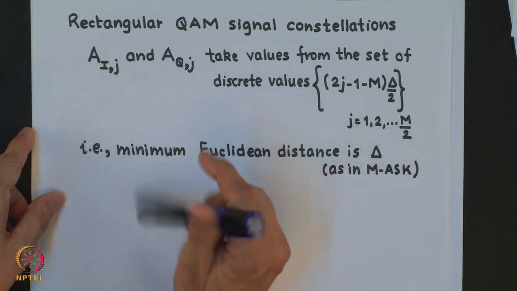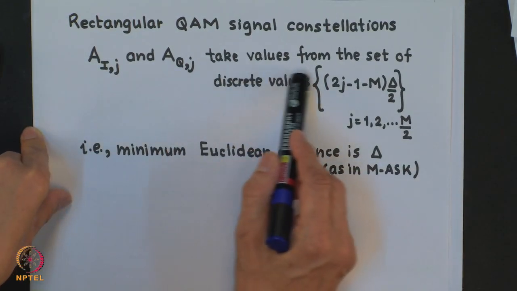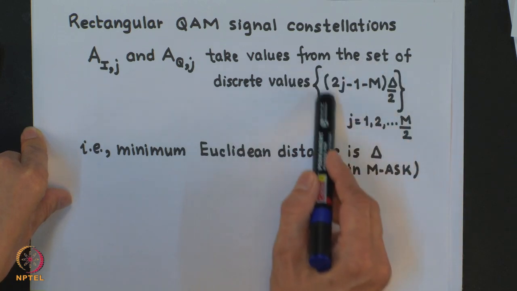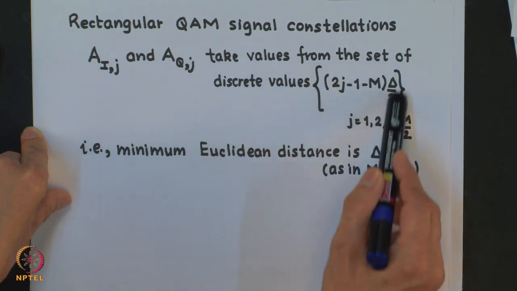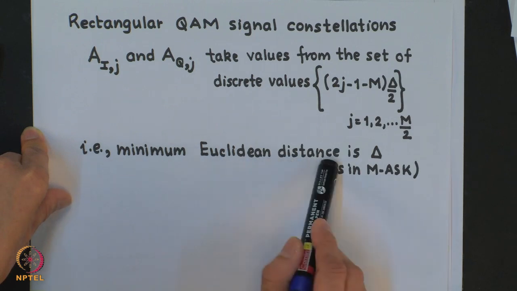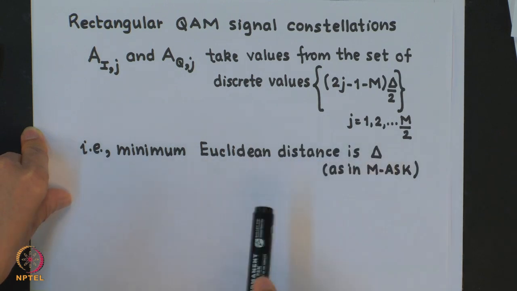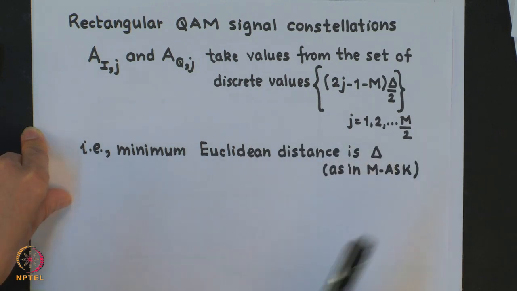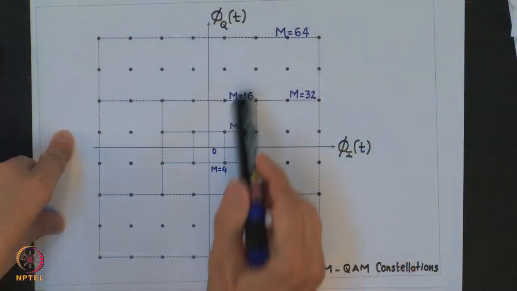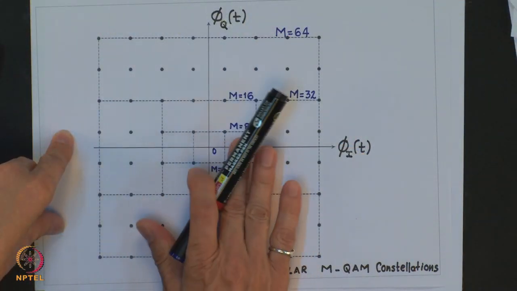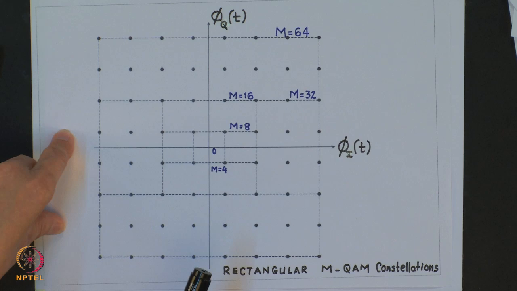The signal components Aij and Aqj take values from the set of discrete values, and the minimum Euclidean distance is delta as in M-ary ASK. The major advantage of rectangular QAM is its simple modulation and demodulation.